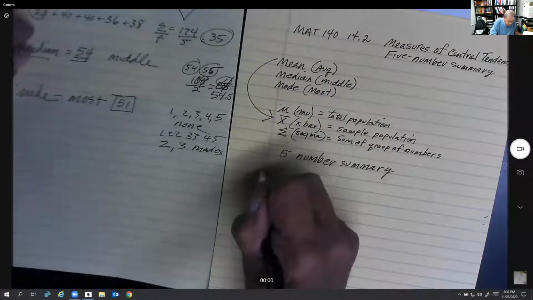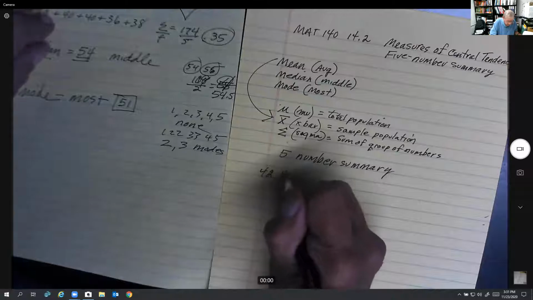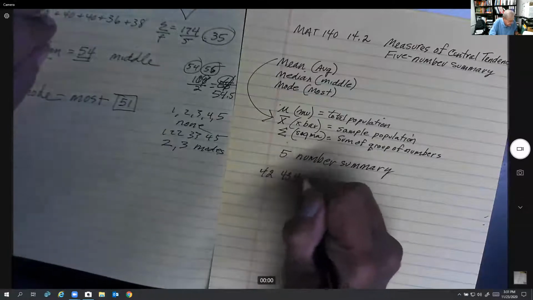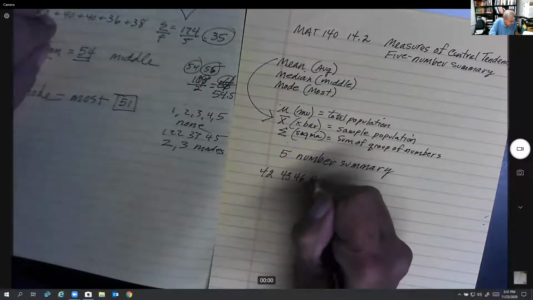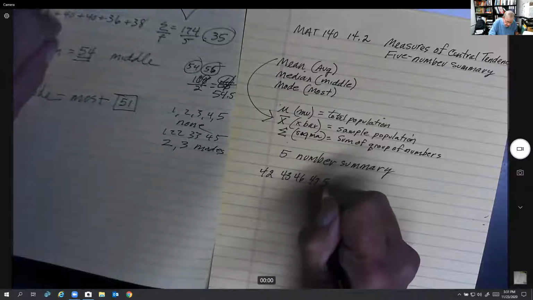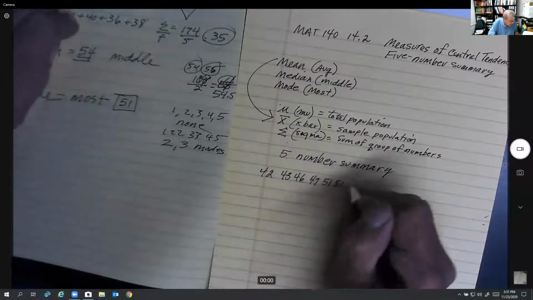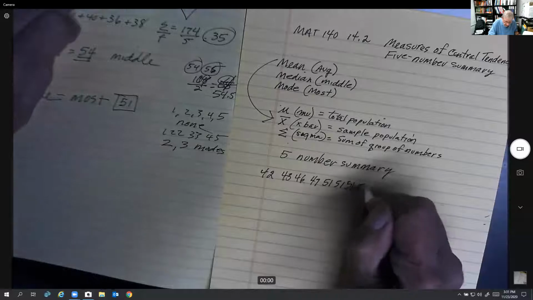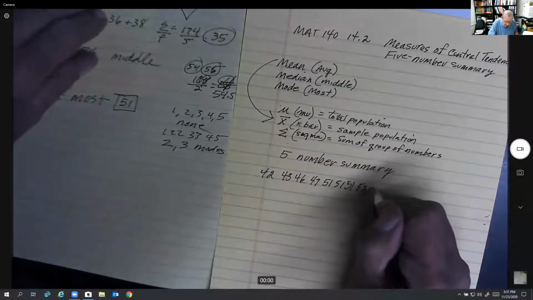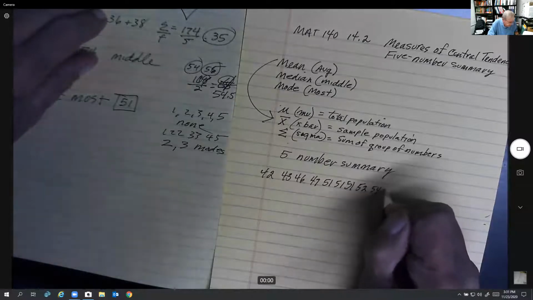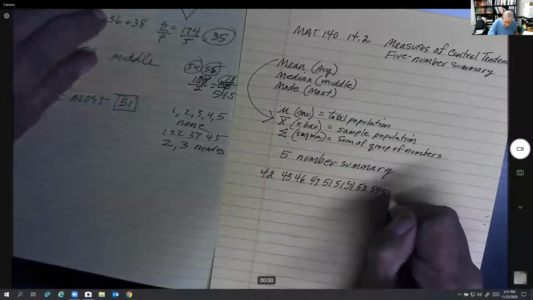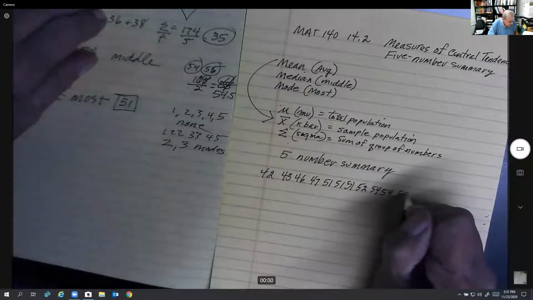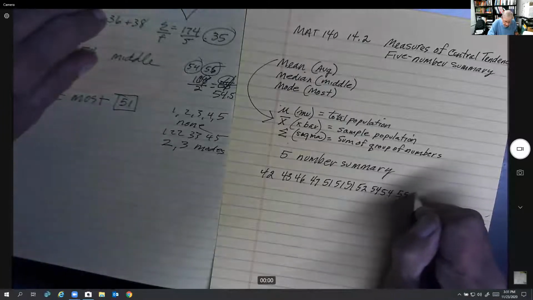So I'm going to write their ages down again real quick here: 42, 43, 46, 47, 51, 51, 51. And there's so many of them, I don't want to skip somebody. 54, 55, 54 twice, 55 twice, 3 times.